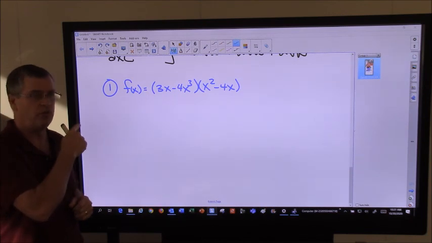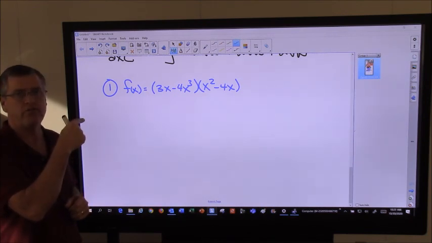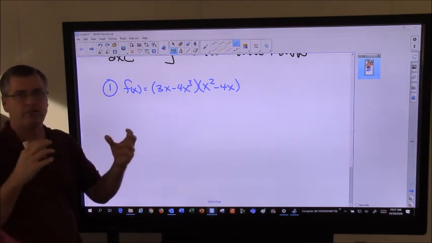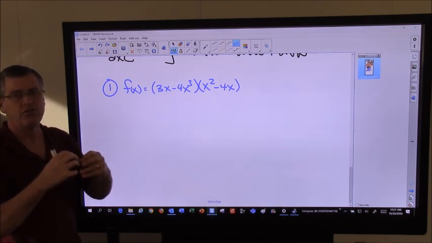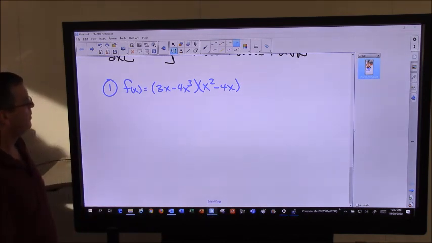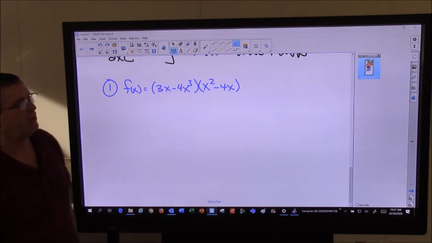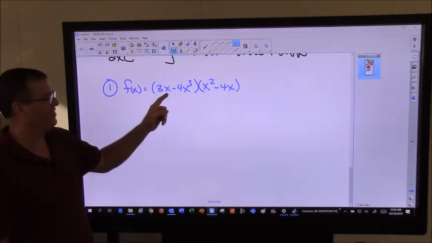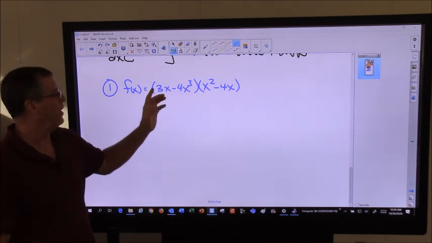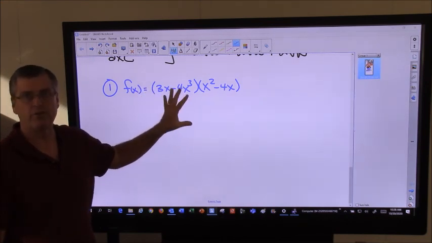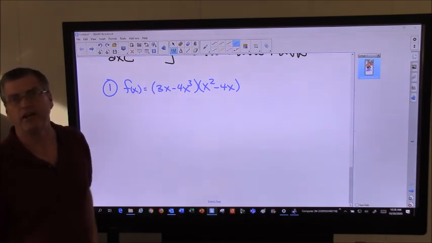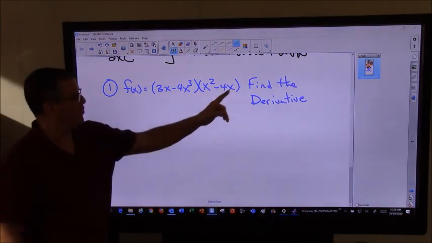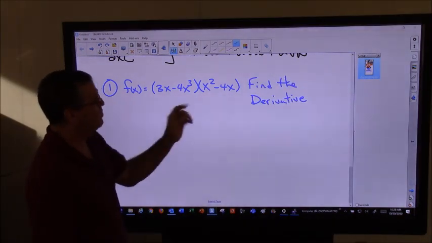The previous one that we had, x squared times a cosine of x, you can't multiply this, you can't simplify it. So there we have to use the product rule. But this I could use the power rule. So for today, let's not do that. Let's go ahead and use the product rule. But in the future, if you wanted to multiply this out and use the power rule, that would be fine. Okay? So we want to find the derivative. You guys go ahead and try this.